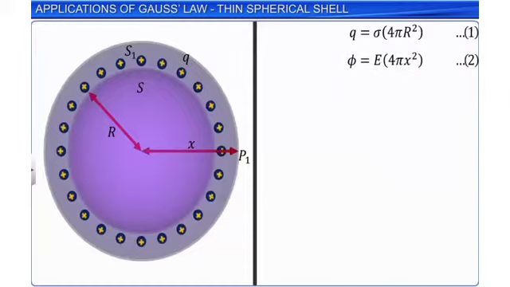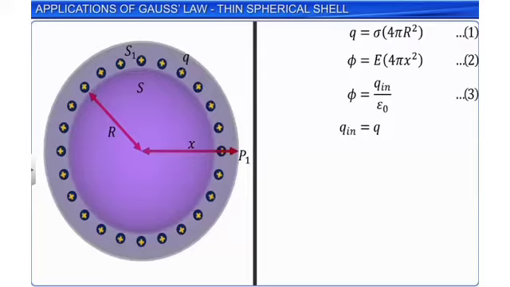We know that according to Gauss' law, the total electric flux passing through the Gaussian surface S1 must be equal to Qin by epsilon naught, where Qin is the charge inside the surface. Let this be equation 3. Here, Qin will be equal to the charge Q on the spherical shell.